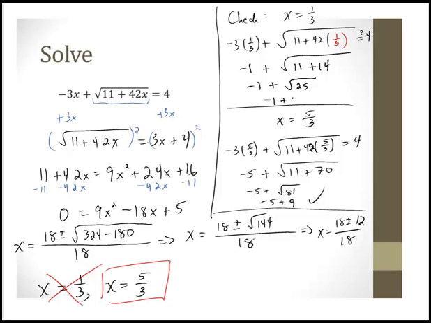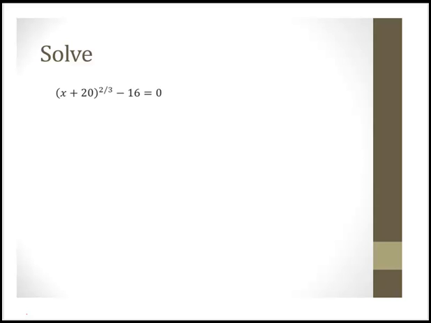And that's negative 1 plus 5, which is 4. And that does check. So x equals 1/3 is a solution of the equation. So they both work, and this equation does have two solutions.